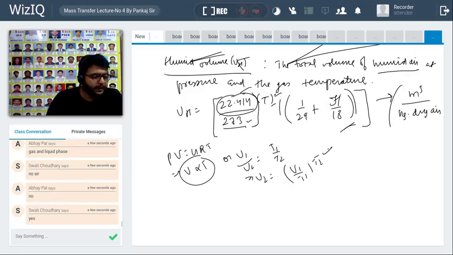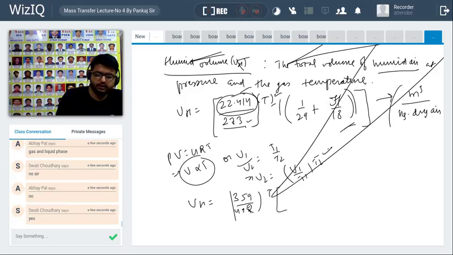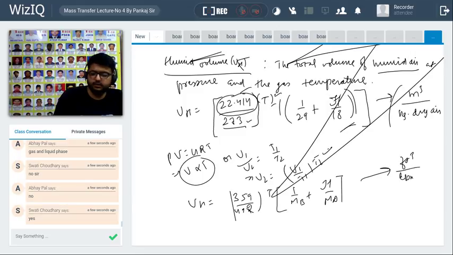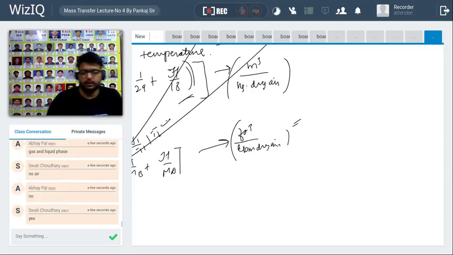So in FPS units, VH will come out to be 359 upon 492 into T into 1 upon MB plus H upon MA. The units are feet cube per pound of dry air. Any questions?